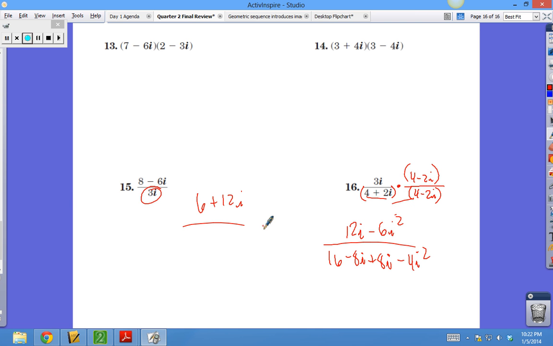On the bottom, these cancel out. That's 0. I squared is negative 1 times negative 4 is a positive 4. 16 plus 4 is 20. And then 6 and 20 and 12 all are common, so you can divide them by 2. So that's going to be 3 plus 6i divided by 10.